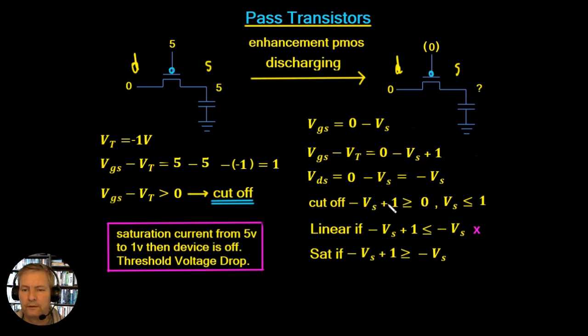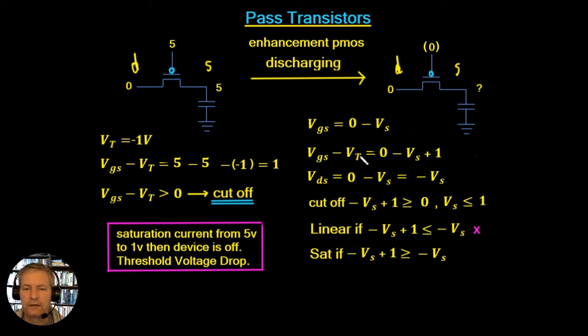So if we take this across, that will become -1, so you have minus Vs is greater than or equal to -1, multiply throughout by the -1, and we'll get Vs is less than or equal to a value of 1. So remember, when you're multiplying an inequality with a -1, the sign is going to change. So that's going to be cut off then whenever the value of Vs is less than or equal to a value of 1. So let's look at the other 2 possibilities.